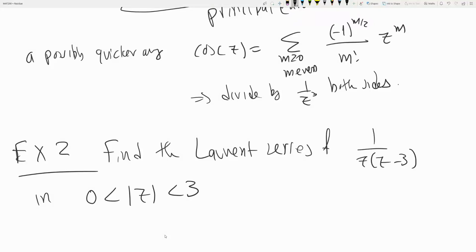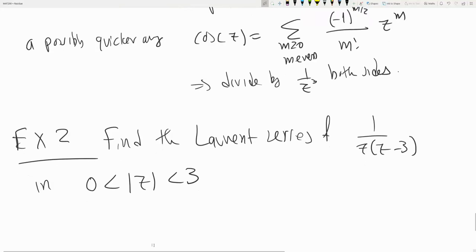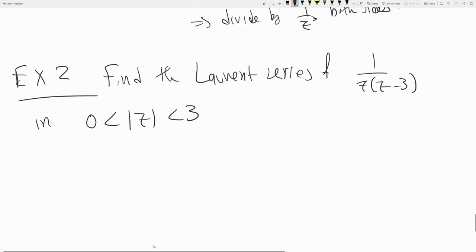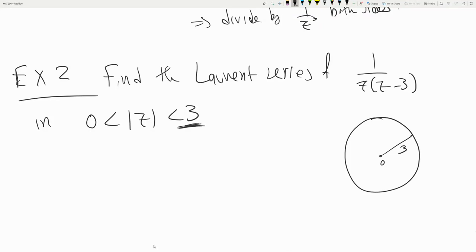So yes, they want you to find it around 0. But the point is, here it goes up to 3, so we're not worried about the other pole.